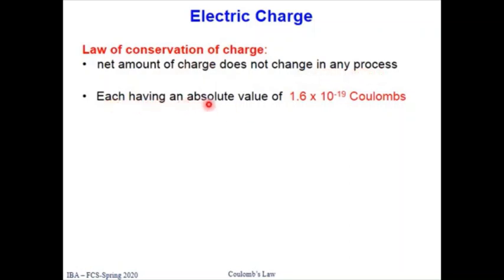each having an absolute value of 1.6 × 10^-19 Coulomb. And this is the smallest value of charge appearing on any entity. Therefore, the electron is the smallest particle of an atom, and this number is associated with the electron.